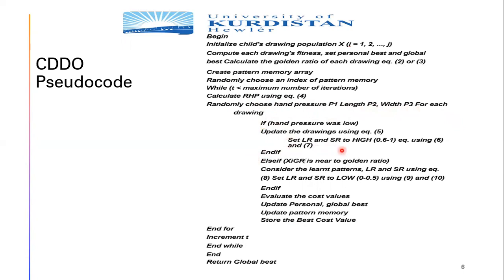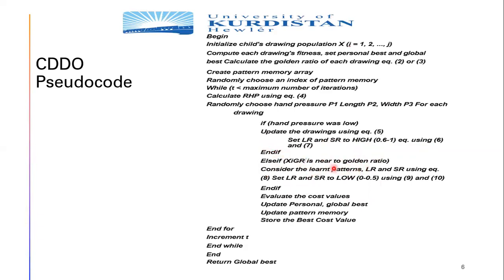If hand pressure was low, then update the drawing in this way and update the learning rate level and skill level. We use equation 6 and 7. Or if not, then we check the golden ratio and compare it.